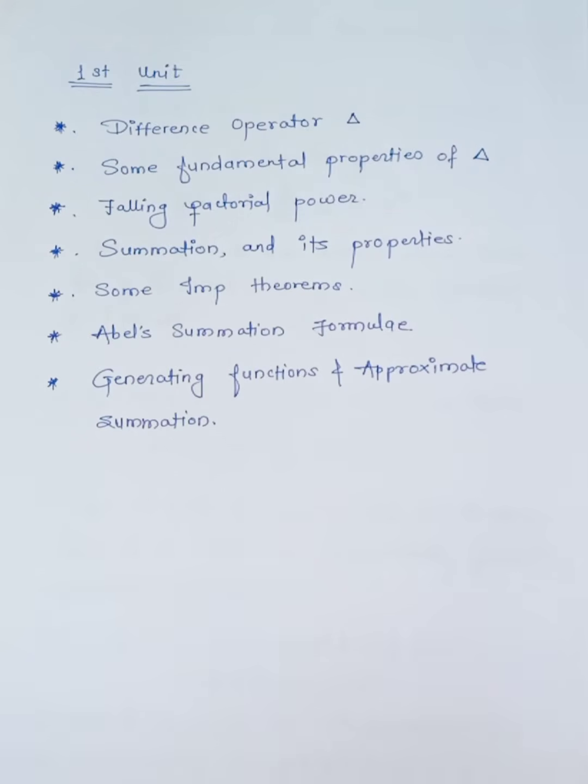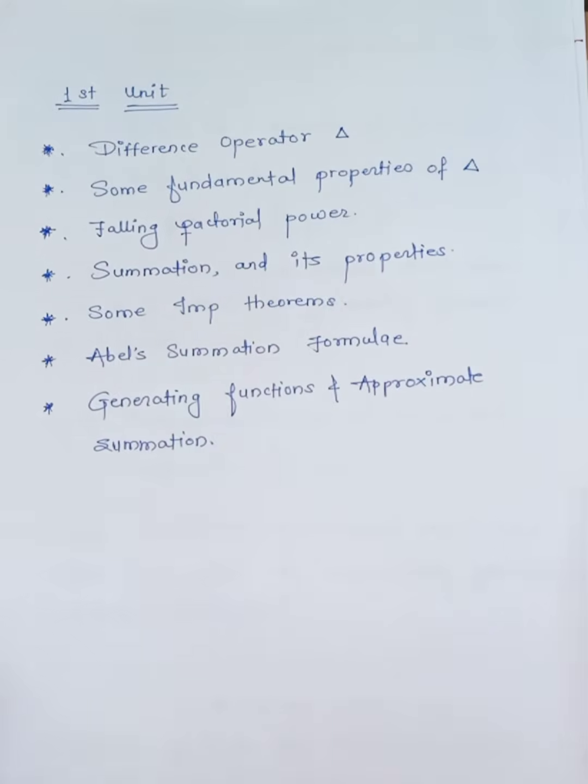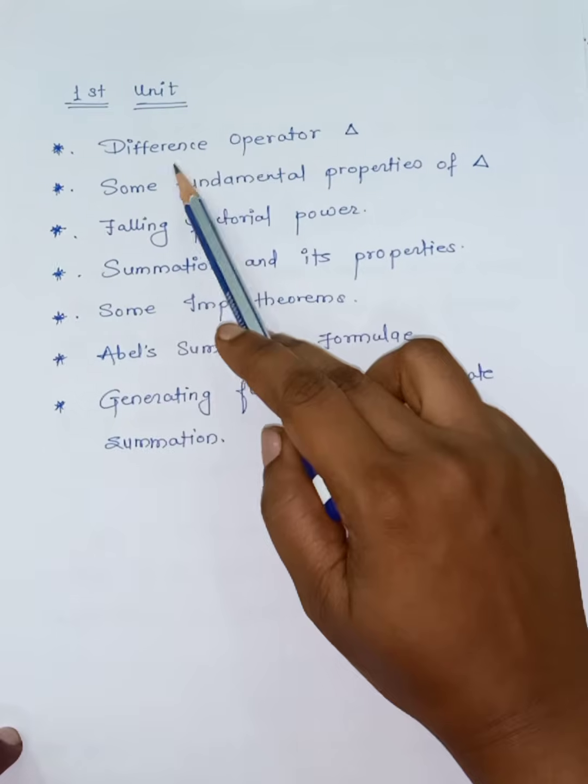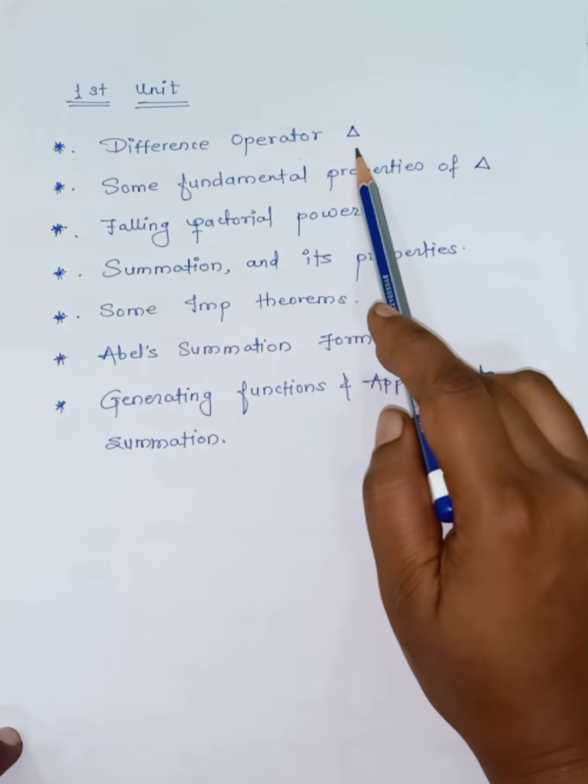So today we will see the last article of the first unit, and that is generating functions and the approximate summation. Previously we have discussed some main topics, so let's just overlook them. The first one was the difference operator, that is delta.